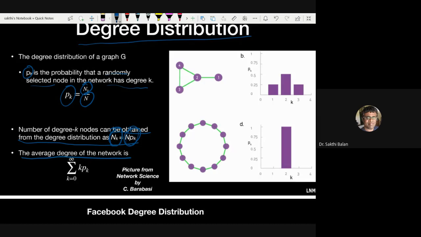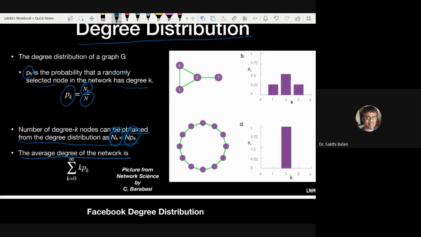So if I want to find the average degree, then I can just multiply the pk, which is already normalized, pk is nothing but nk divided by N, with the k, where k is the degree, and then you sum up for all such k's where k is from 0 to infinity. That will give the average degree, right?